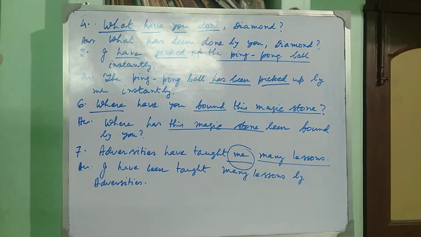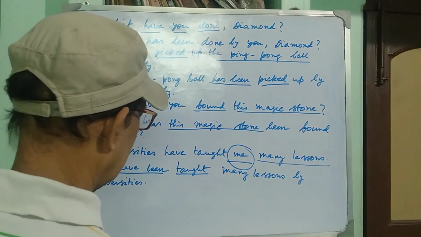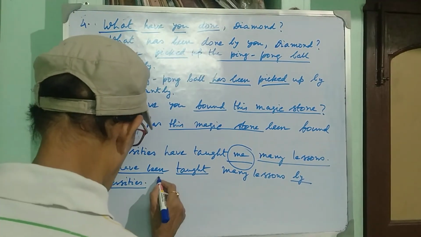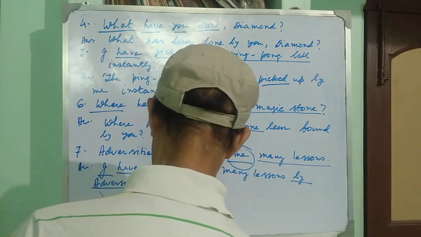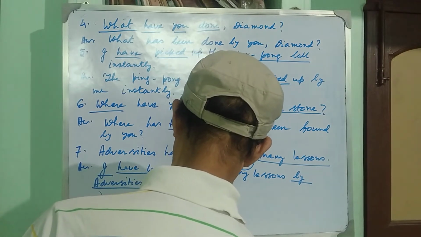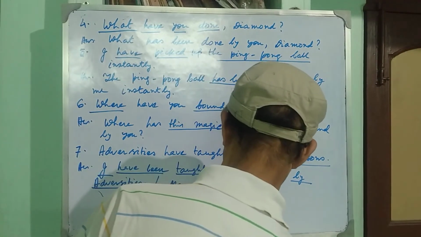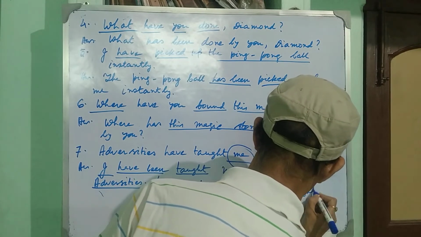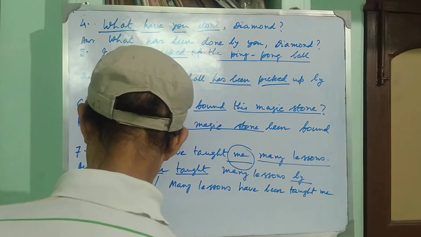You see, I is the subject, have been taught is the past participle form of the verb, by is the preposition, and adversities. Okay? Or if you pick up many lessons, it may be thus: Many lessons have been taught me by adversities.